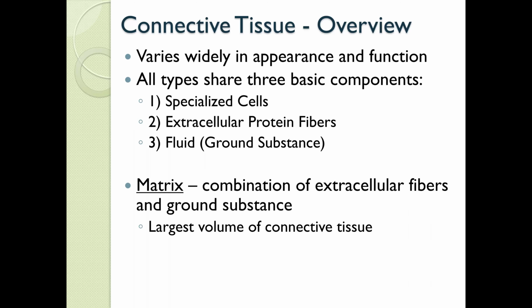And with connective tissue, while there are cells, we're paying a lot more attention to what is between the cells, so the fibers and the ground substance. So keep in mind that connective tissue is composed of the matrix plus the cells. And the matrix is going to be those extracellular fibers plus the ground substance, which is the fluid component.